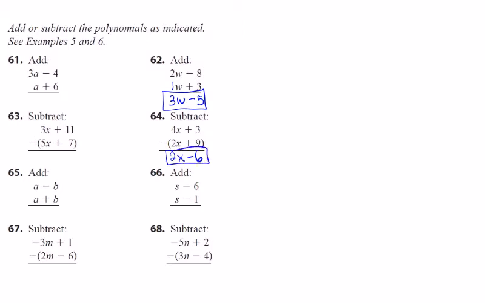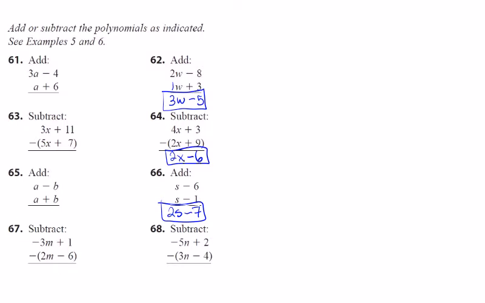So we get 2x minus 6. 66, we're adding. S plus s is 2s. Remember there's invisible 1s in front of both, so we're adding 1 plus 1. And then the second part we have negative 6 plus negative 1, which is negative 7. So 2s minus 7.